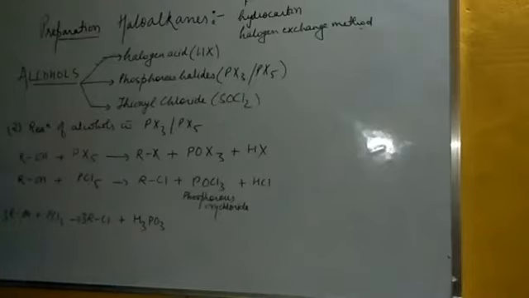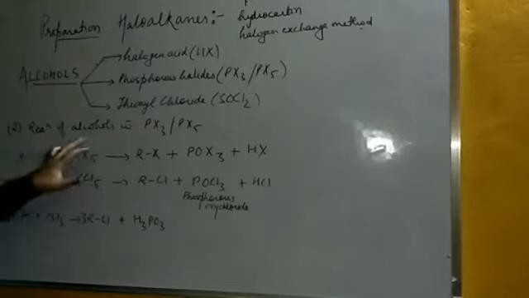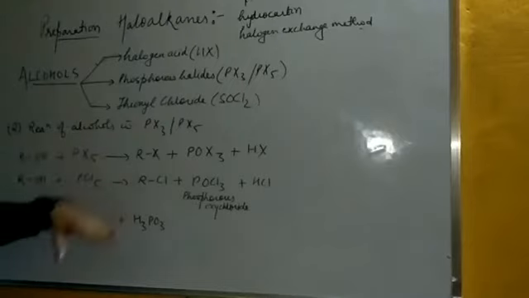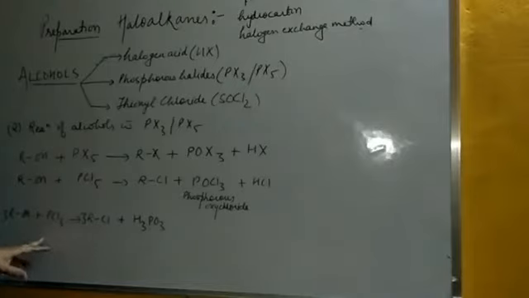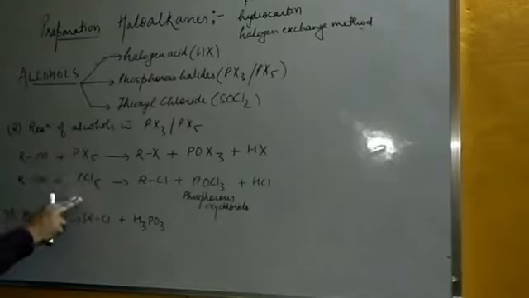In this way you can prepare haloalkane from the phosphorus halides. It's not only from pentachloride; we can use phosphorus pentabromide also, and bromides and chlorides can react with the alcohol to form the respective haloalkane.